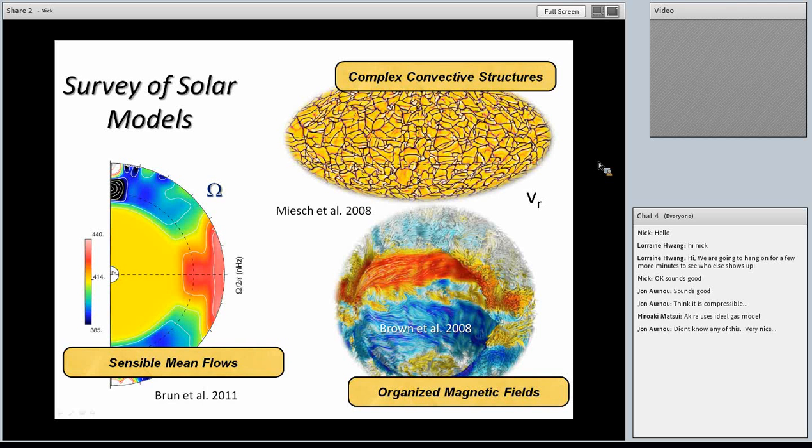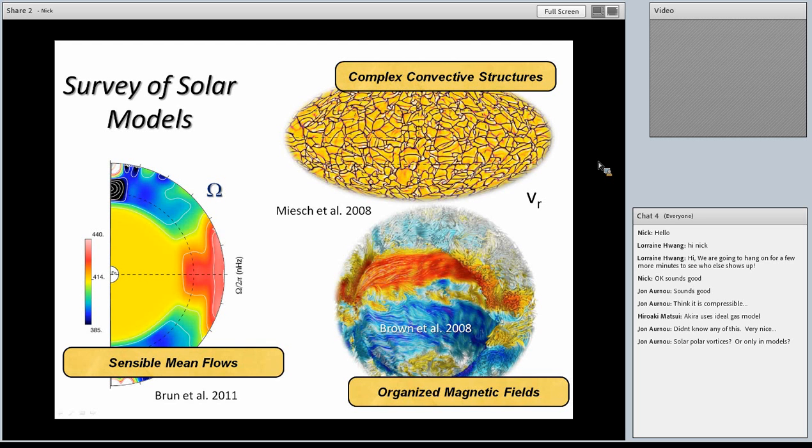You develop convection that has structure on many scales. This is shown in the upper right, where I'm showing radial velocity near the top of one of Mark Misha's simulations. And what you'll notice if you look a little bit is that there's some alignment of the convective structures near the equator in the north-south direction. So there's actually some weakly columnar convection underlying all of this.